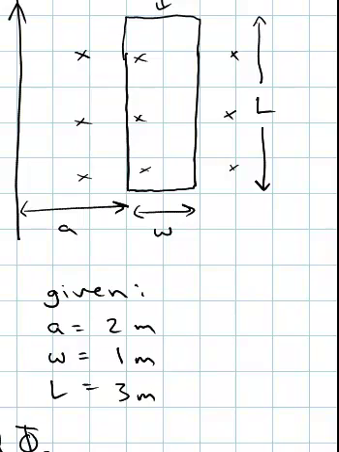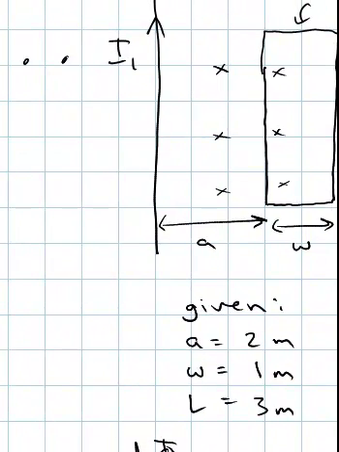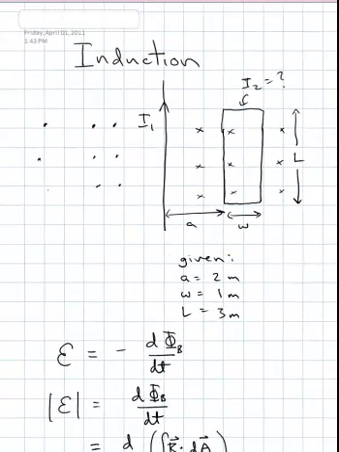And everywhere to the left it's going to be out of the board. And I'm trying to indicate that as you move further and further away from the wire, the field gets weaker and weaker. That's why I'm spacing them a little further apart as these X's and dots as I move away from the wire.